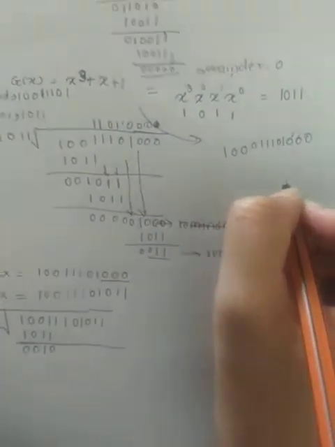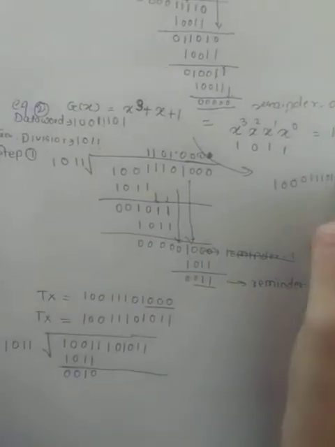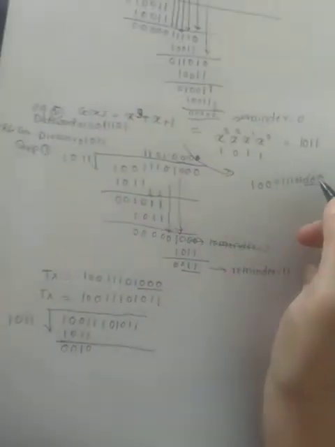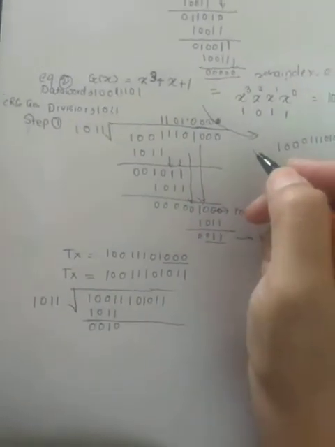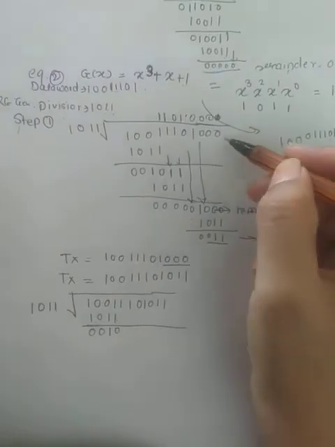So for the transmitted data we have to append the 3 bits. So we have to append here.